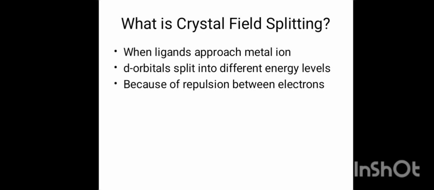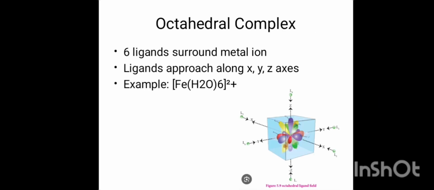When ligands approach the metal ion, the orbitals split into different energy levels because of repulsion between the ligand and d electrons. Now we discuss octahedral complexes. Six ligands surround the metal ion. Ligands approach along the x, y, z axes. An example is Fe(H2O)6, an octahedral complex.